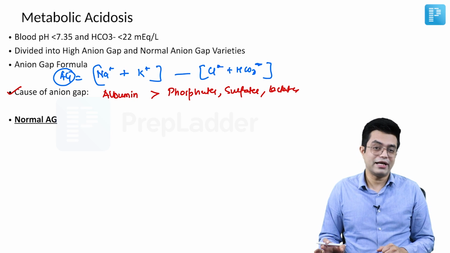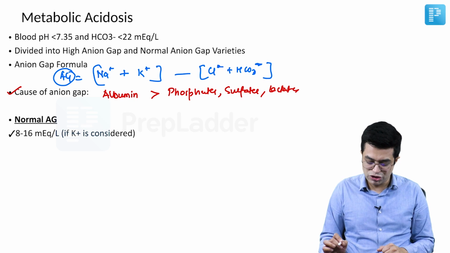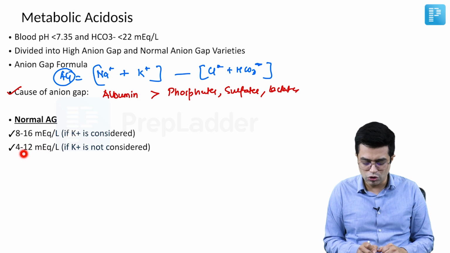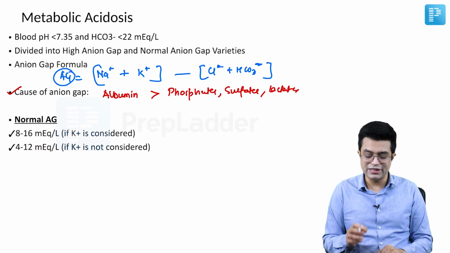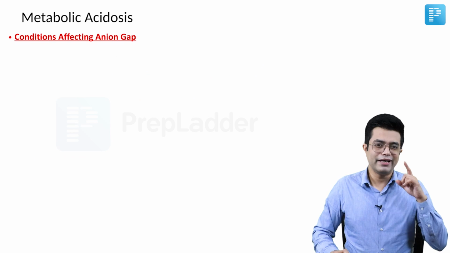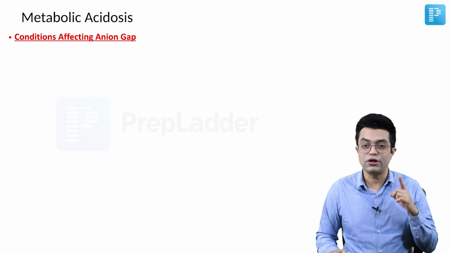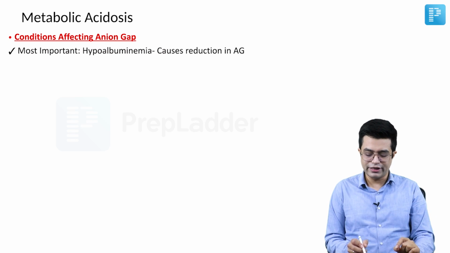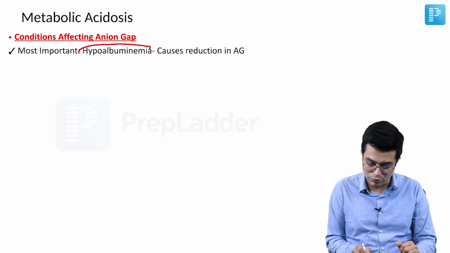Now, what is the normal anion gap value? Normal anion gap value in children is 8 to 16 milliequivalent per liter if potassium is considered, and it is 4 to 12 milliequivalent per liter if potassium is not considered. Now, what are the conditions which affect anion gap? It has been mentioned in multiple textbooks and also in the AIIMS PICO protocol that the most important condition affecting anion gap in children is hypoalbuminemia.